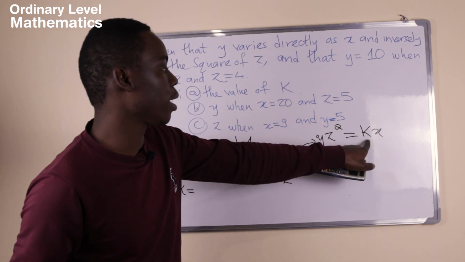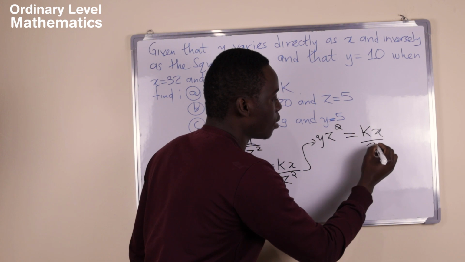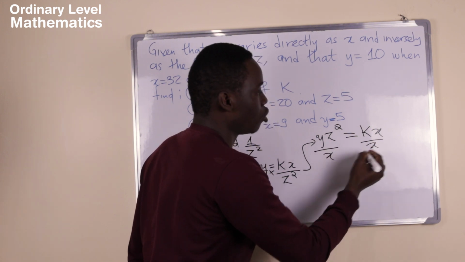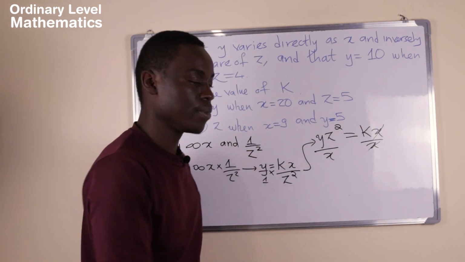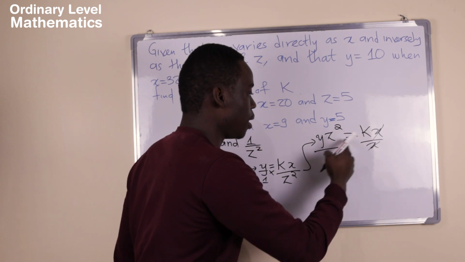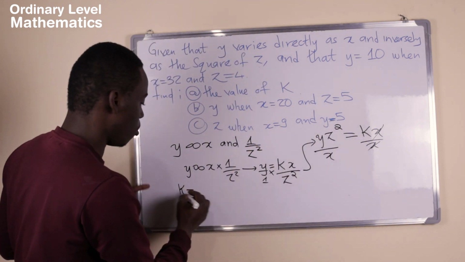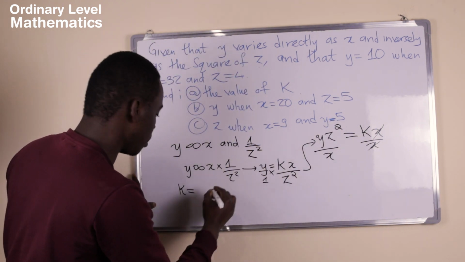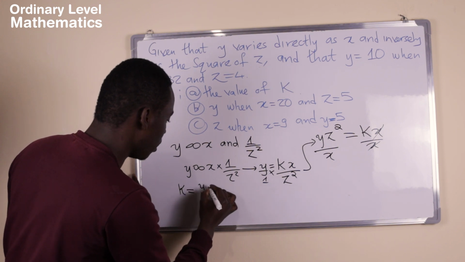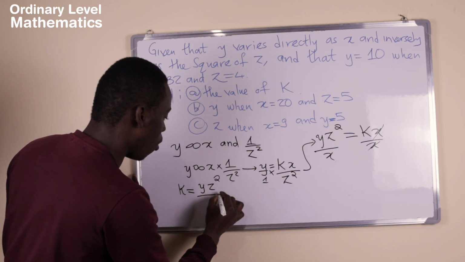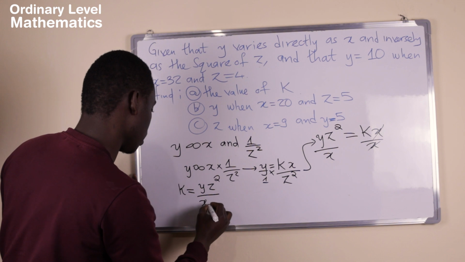How do we find k? You divide by x on both sides so that you eliminate x here to remain with k. Hence k is equal to y z squared over x.